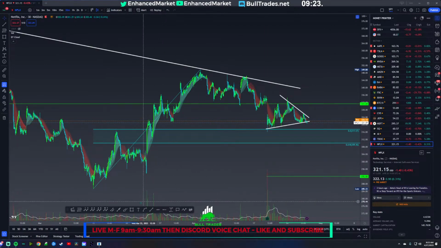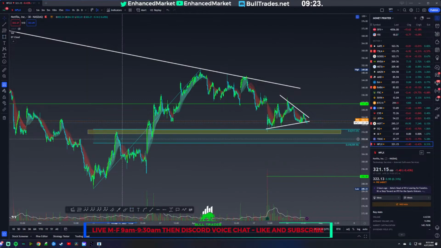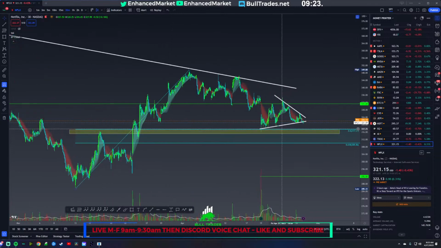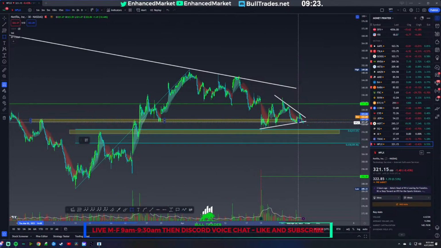All right, look where we bounced to. This previous resistance is now acting as a support. And this zone here is an important level too. We're at a big level here. Previous resistance acted as resistance, acted as support. Huge consolidation, acted as support, acting as support.